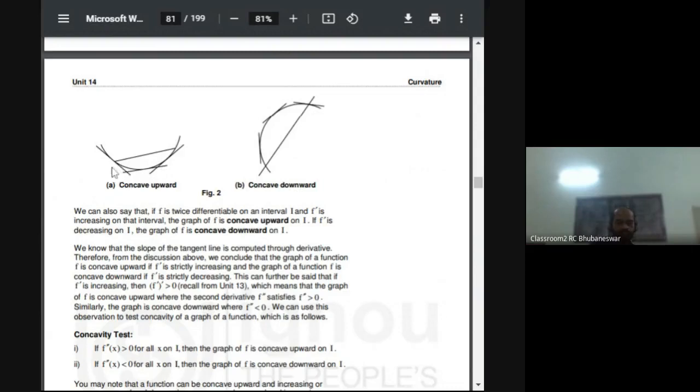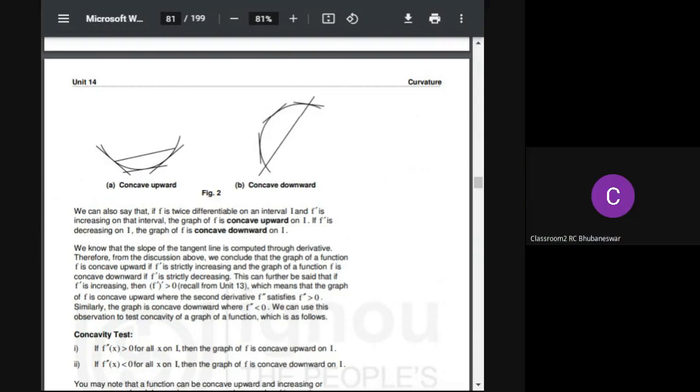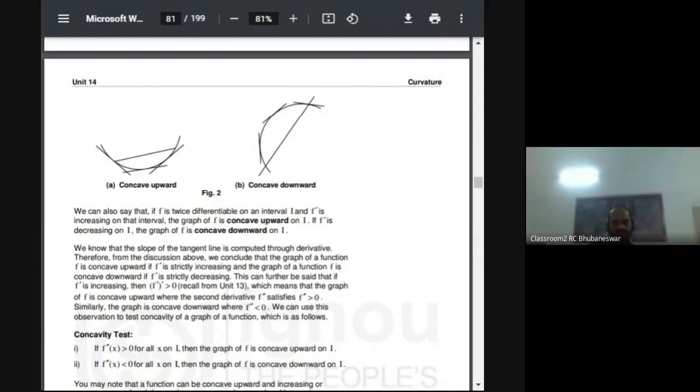and here in the first figure, look at the chord. The chord lies just below the curve f.